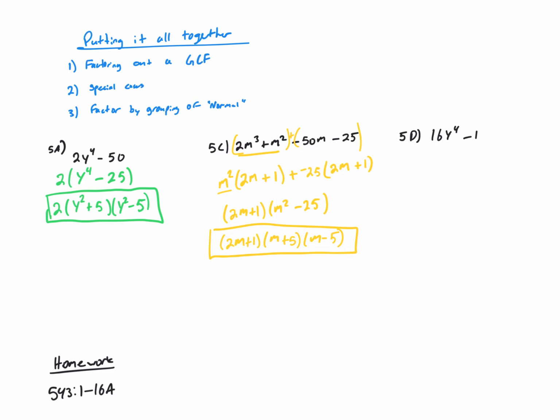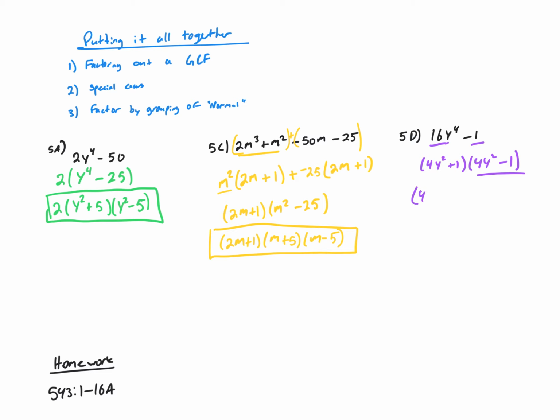And then over here, oh look, these are both perfect squares, because 16 is, and so is y squared. So this is going to be 4y squared plus 1 and 4y squared minus 1. Okay, now I'm noticing that this one on the right is still a perfect square, because 4y squared is still a perfect square, and so is 1.